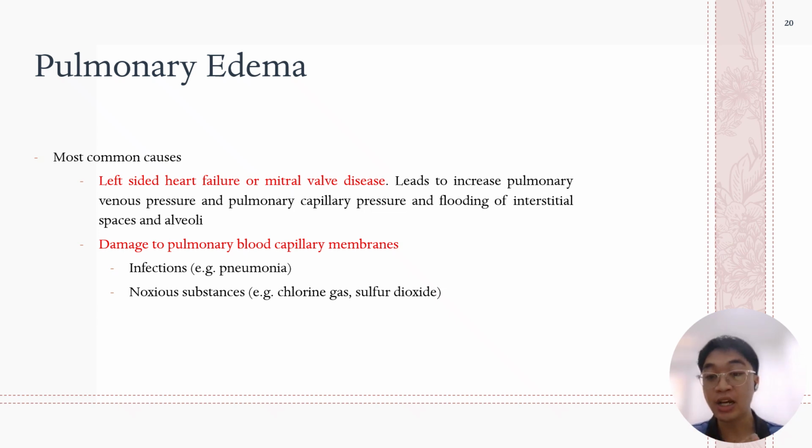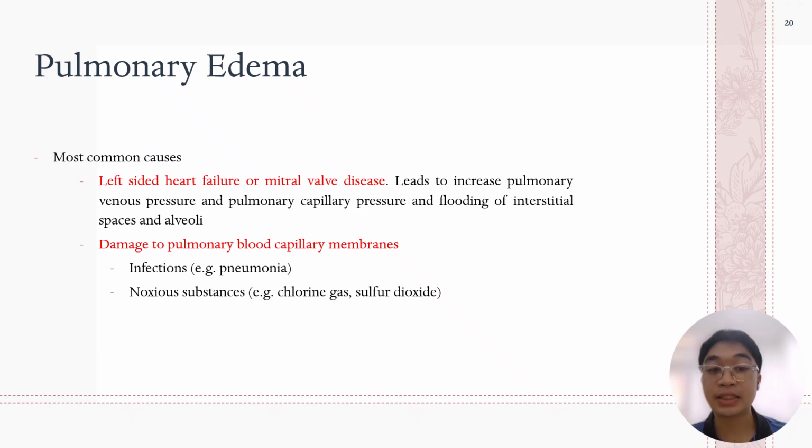But before the blood reaches the left side of the heart, it comes from the lungs via the pulmonary vein. So if you have a compromised cardiac function, especially in the left side of the heart, instead of the blood being pumped outside through the aorta to the systemic circulation, the blood backflows towards the lungs.